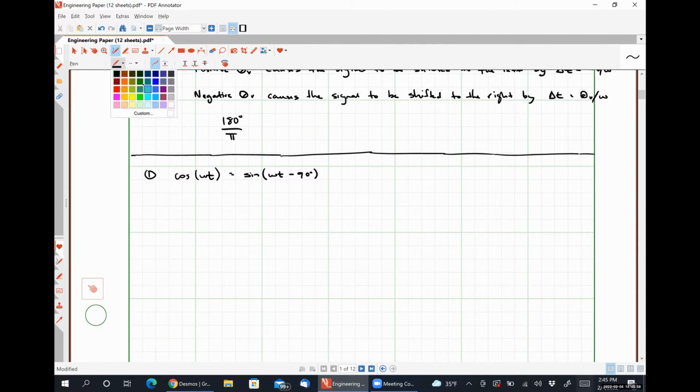So what I mean by that is if we had 3 cosine 4t plus 11 degrees, this would be the same as 3 sine 4t plus 111 degrees. Okay.